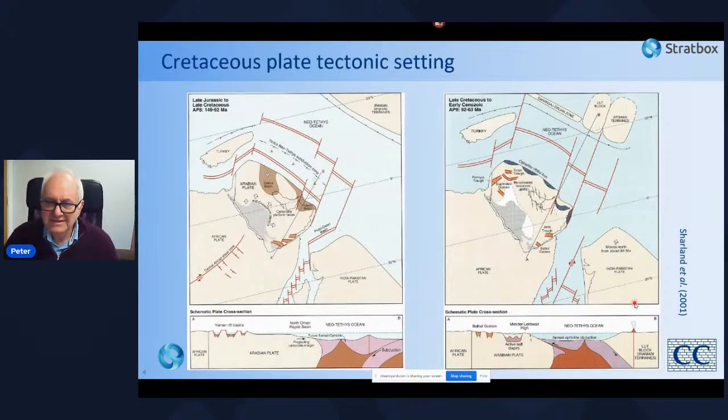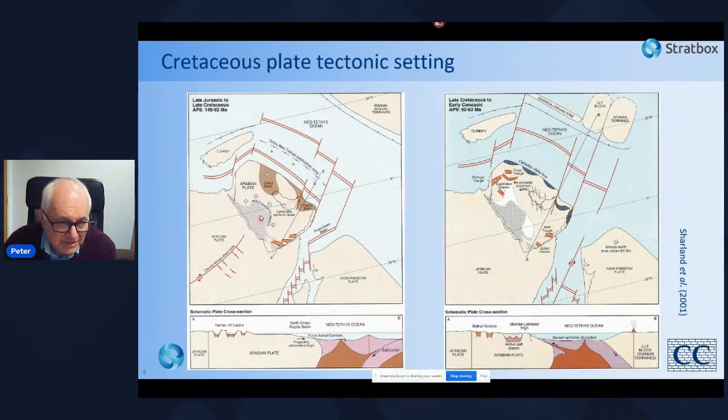Okay, so I'll now introduce the general Cretaceous plate tectonic setting for the Arabian Plate. Essentially, it can be split into two phases. First, a late Jurassic to late Cretaceous phase, where the Arabian Plate was sitting on the southern margin of the Neotethys Ocean, and during this time the ocean was spreading, and the Arabian Plate formed part of essentially a passive continental margin throughout this time.